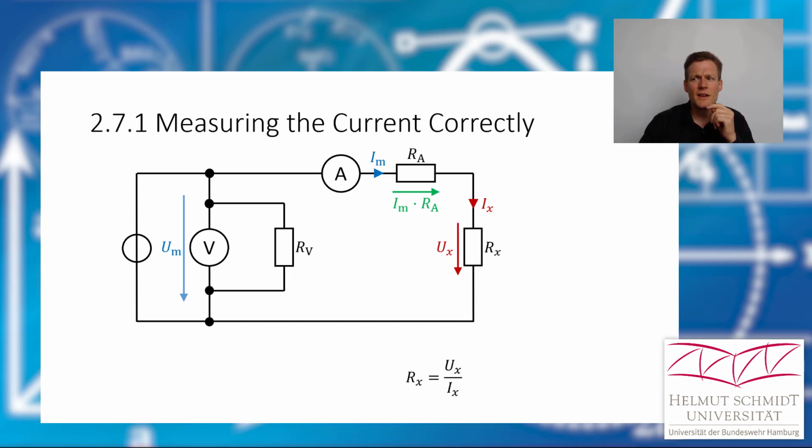We want to have Ux, but what we measure is the voltage drop Ux plus the voltage drop at the inner resistance of the ammeter. Therefore we have to calculate the value of Ux with Kirchhoff's voltage law, and then our equation for Rx looks like this. So, if we know the value of Ra, we are able to calculate the exact value of Rx with this circuit here.